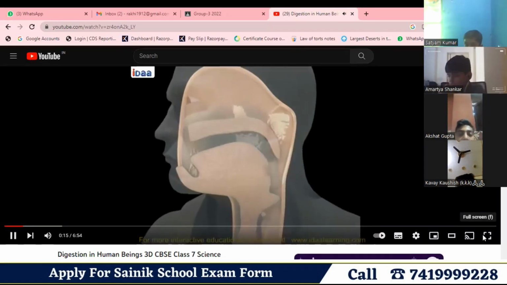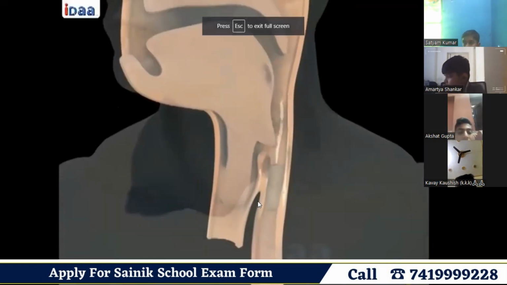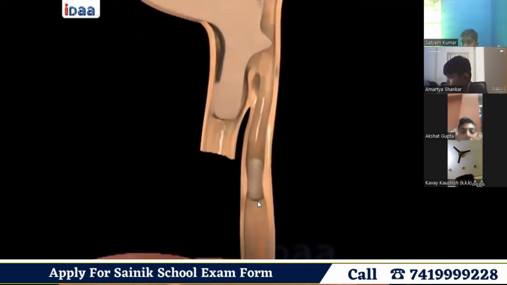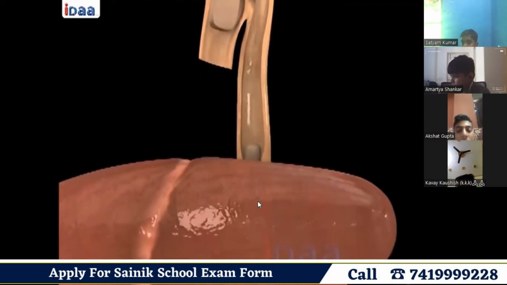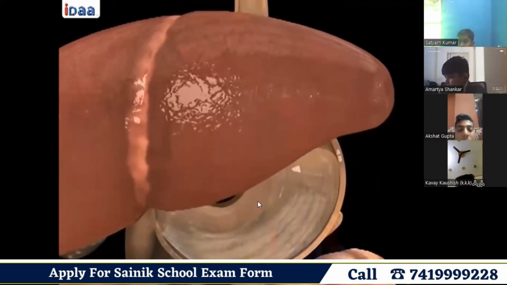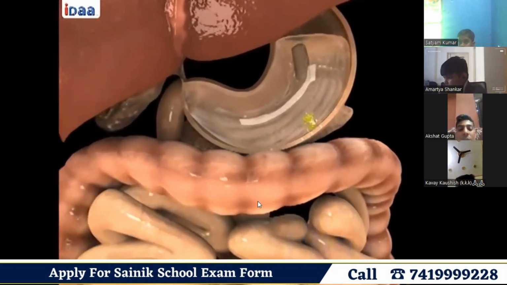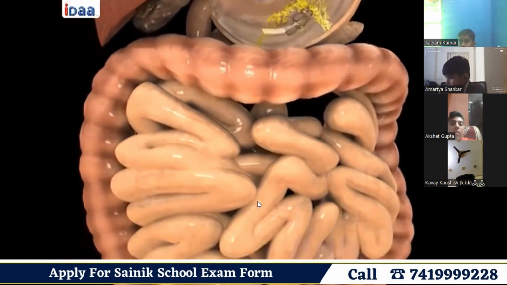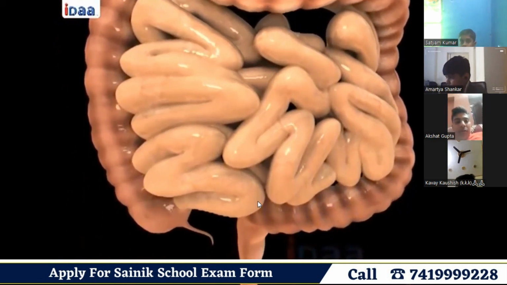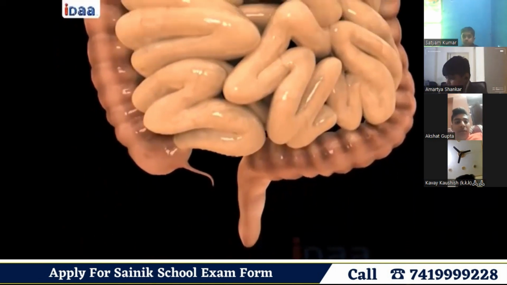Undigested food is defecated. The food we take passes through a specific canal which begins with the buccal cavity and ends at the anus. This canal is called the alimentary canal or the digestive tract.